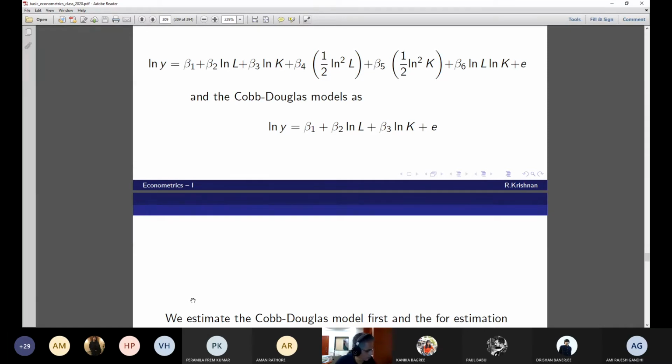Log Q is log value added. So that should be Y, I think. Yes, sir, it's right. Okay. Log value added. That is the dependent variable.